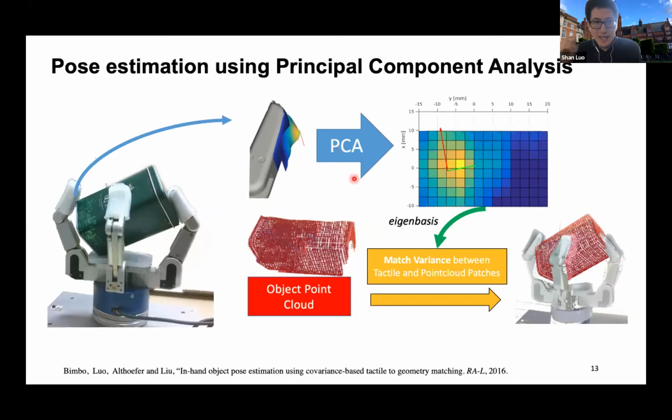We take these axes as the features of this tactile data. Using these axes, the eigenbasis, we can predict the pose of the tactile object. By matching the variance between tactile and point cloud patches, we can get to know the pose of the object in hand.